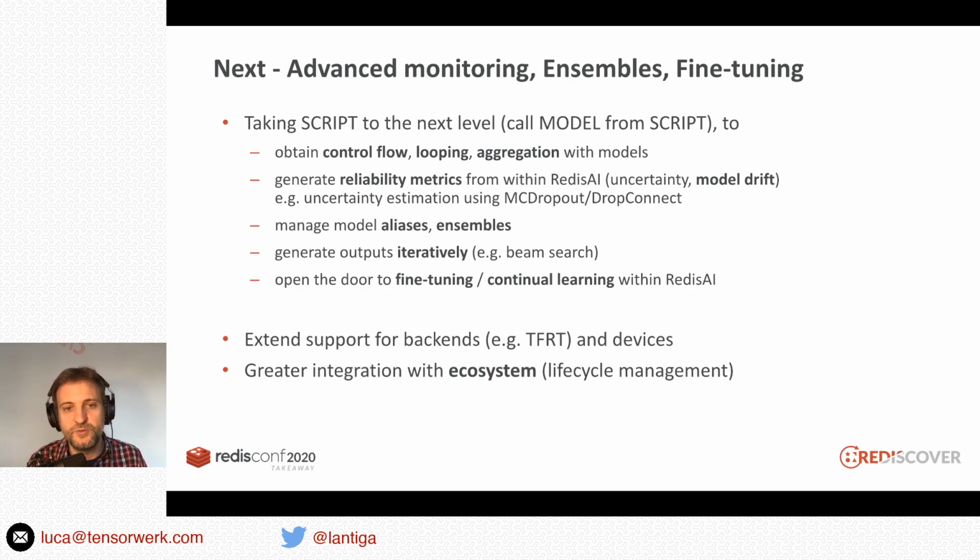Sometimes you want to generate reliability metrics from within RedisAI by running the model multiple times. For example, MC dropout or DropConnect are ways to perturb your model randomly and generate more than one inference, so that you can then accumulate the outputs and have an idea of what the prediction of your model is, but also what is the uncertainty around your prediction.